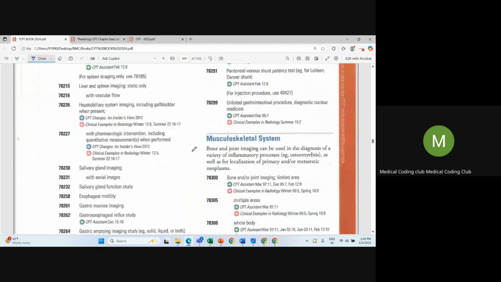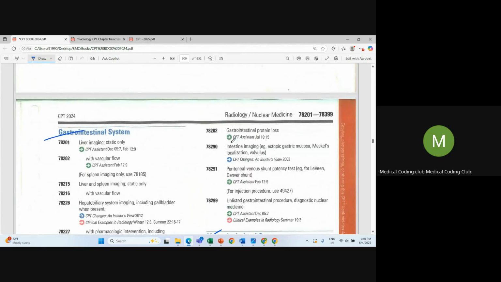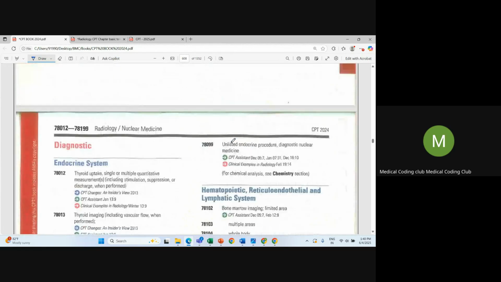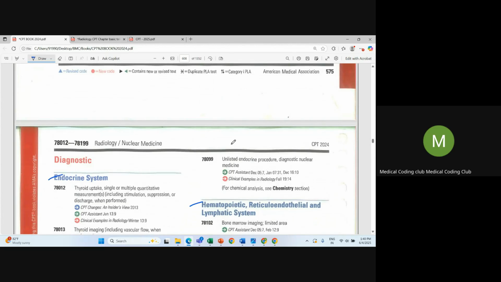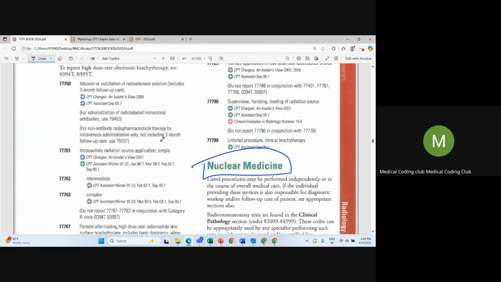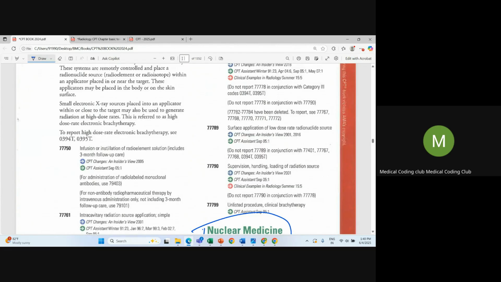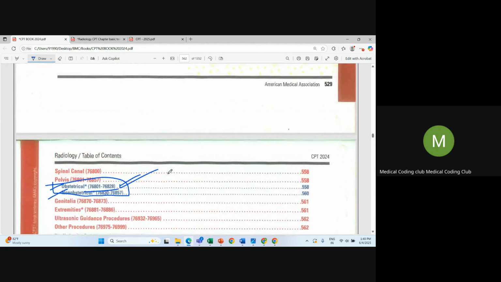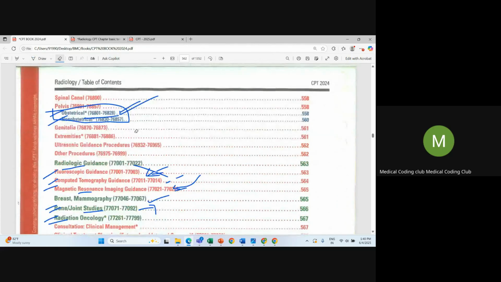Okay, so musculoskeletal, gastrointestinal, lymphatic, endocrine. All of these systems come under nuclear medicine. So very easy if you study section by section. Definitely under radiology, though it is a combined procedure, you can easily score marks.